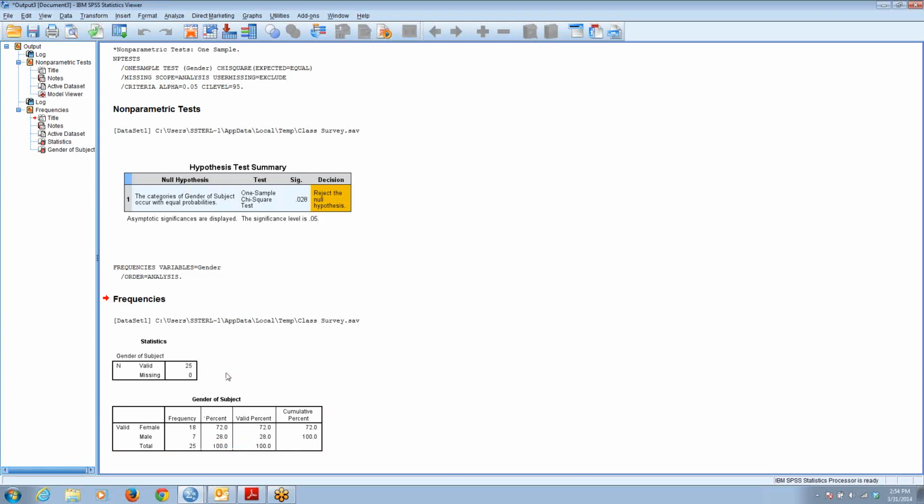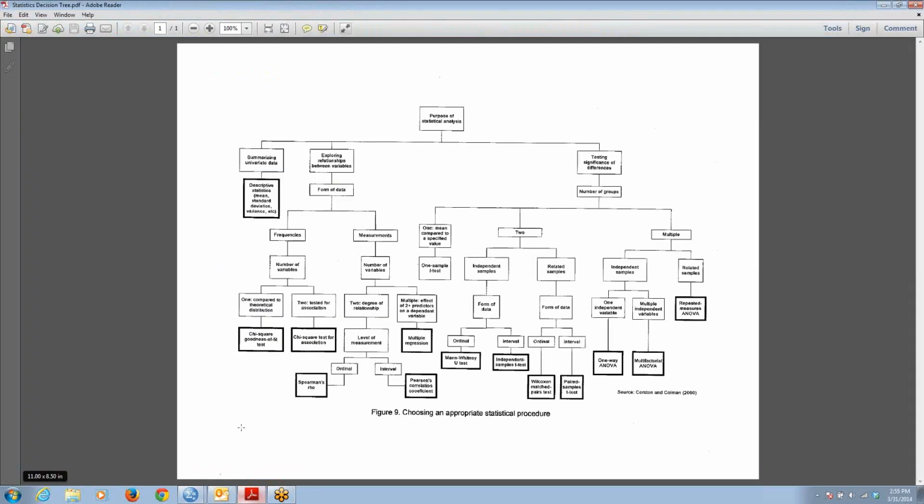And it becomes increasingly unlikely that it's a random sampling of the population, the more different these counts are. And our decision to reject the null hypothesis just means that we do not have an even distribution of men versus women. Okay, so that's the chi-square goodness of fit test.